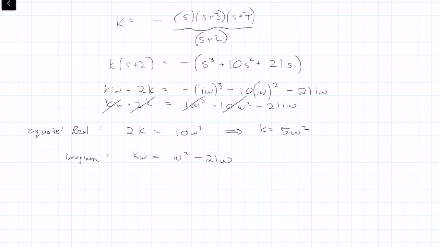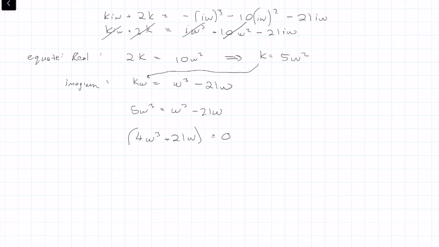So this becomes 5 omega cubed equals omega cubed minus 21 omega, substituting K into there. So I can say that 0 is equal to 4 omega cubed plus 21 omega. Factorizing this, I can take out an omega, so I'm left with 4 omega squared plus 21 is equal to 0.